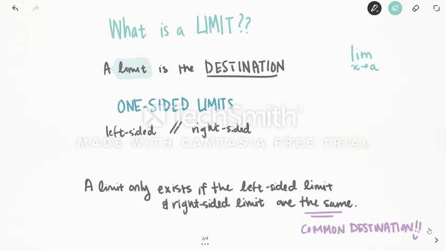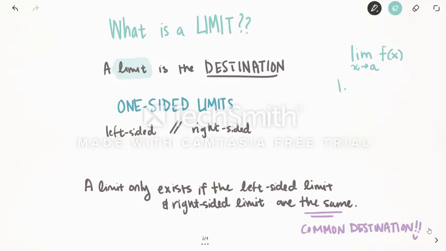Limit as x approaches the arrow, right? Gets closer to a. What are we observing, right? The function itself. So f of x goes here. This is how we write limits. This is how we ask what happens to f as x gets closer to a.